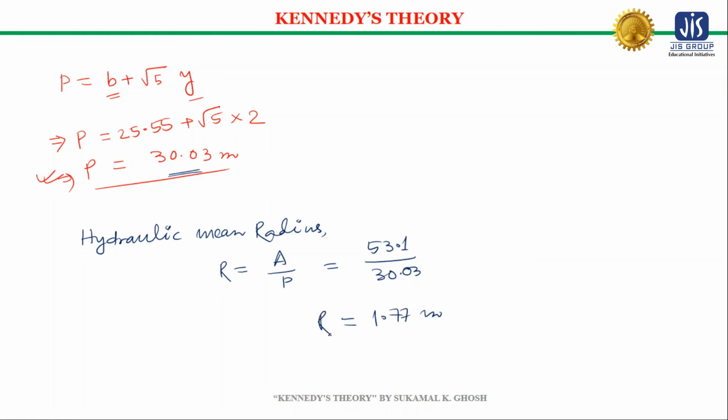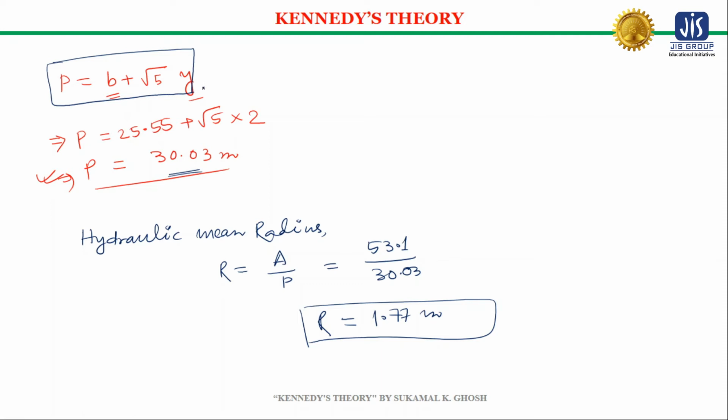So the value of R we have got is 1.77 meter. Now here is an important note: we should remember this expression, because it may help us further in this problem if our assumption of depth, that y is equal to 2, is incorrect. So we have completed our step 7.